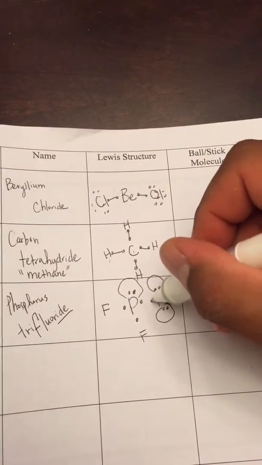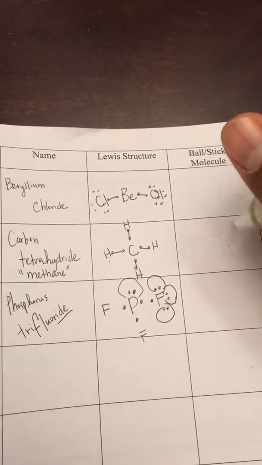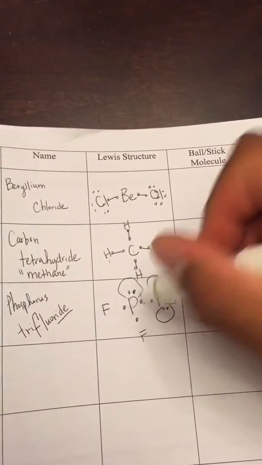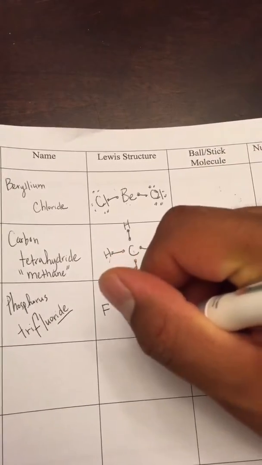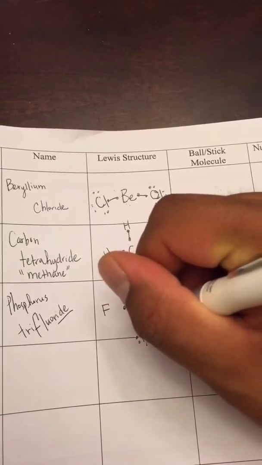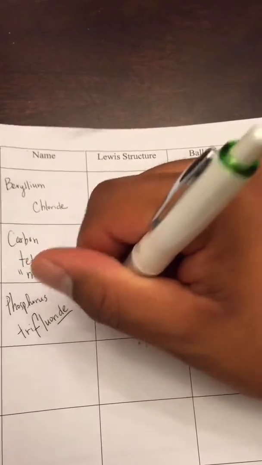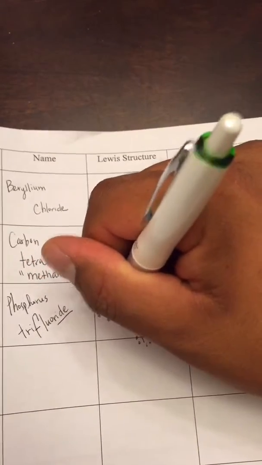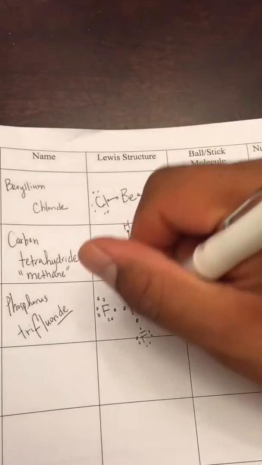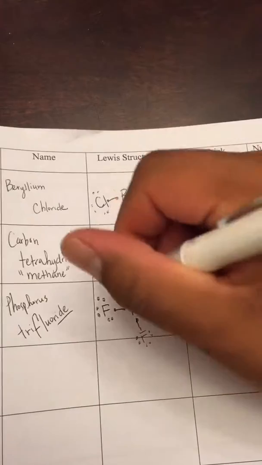And that single dot is going to be right next to that single electron from phosphorus. Same idea with the other Fs. Now all you have to do is bond those single electrons.